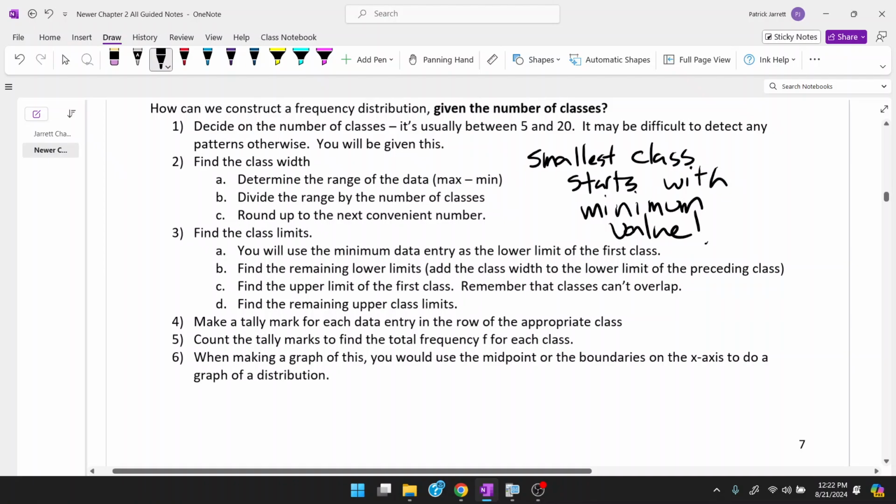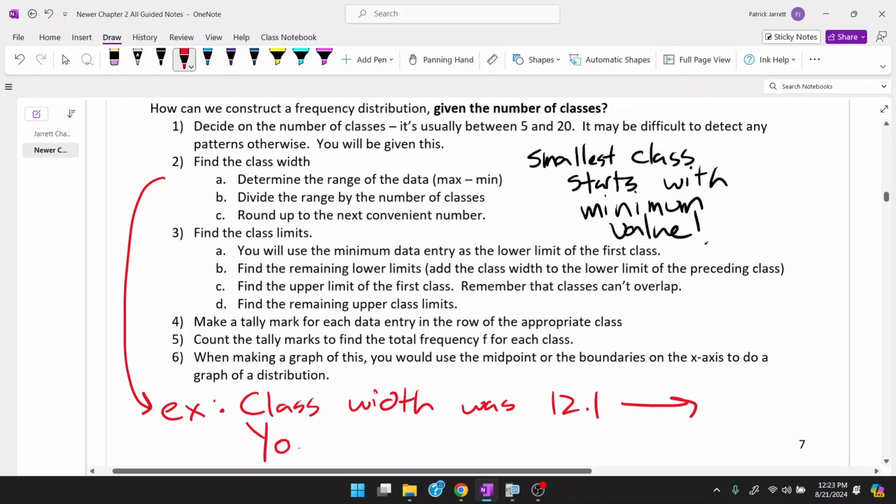So, we're going to find the class width. And for the class width, this is the big, big, big thing. We determine the range, which is max minus the min, and divide it by how many classes there were. But we always round up, and here's what I mean. Let's say, for an example, you got a class width of 12.1.